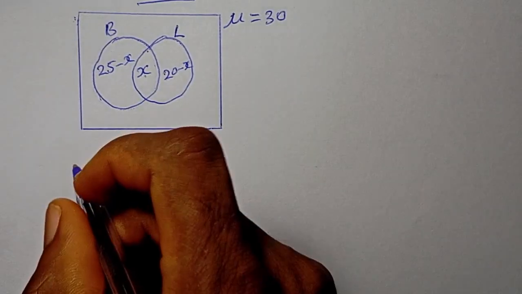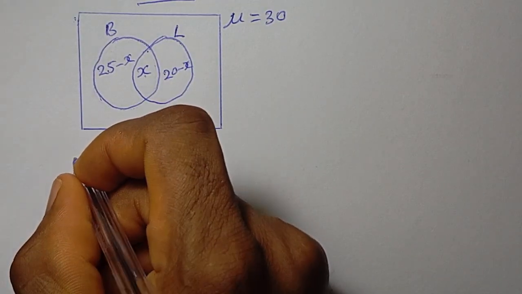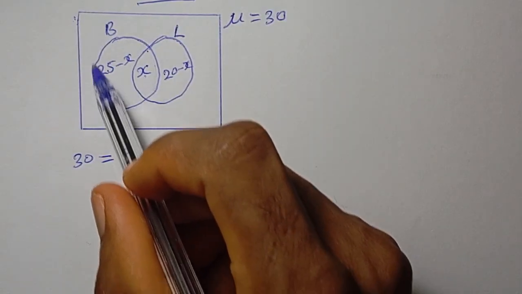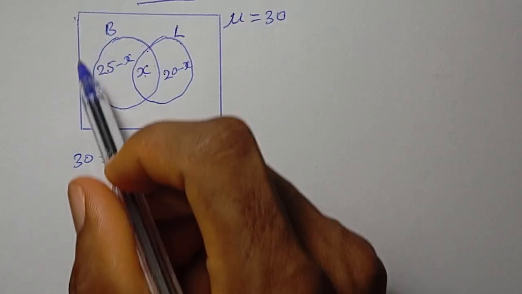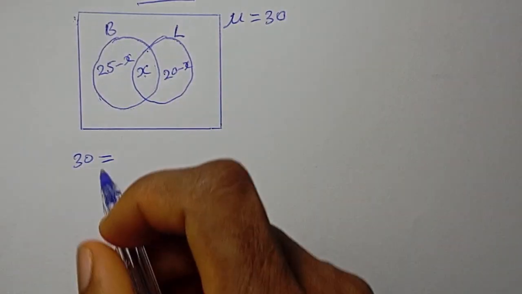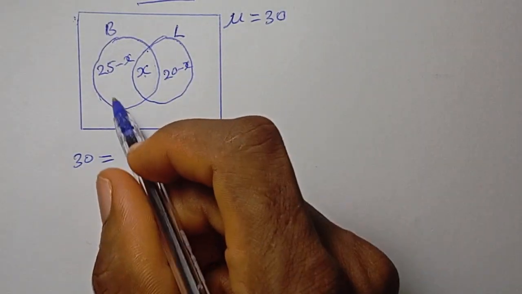So now the universal set, which is 30, will be equal to the whole of this plus the whole of this. So what are we going to do?